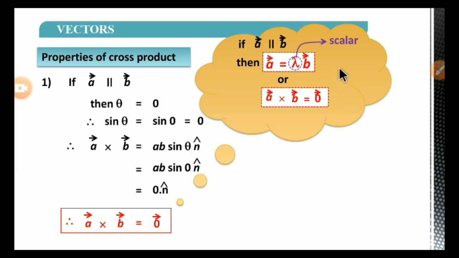So whenever we check whether two vectors are parallel or not, we have to use these two conditions, either the first condition or the second condition. Therefore, if the cross product is equal to 0 vector, definitely both are parallel to each other, and vice versa is also true.